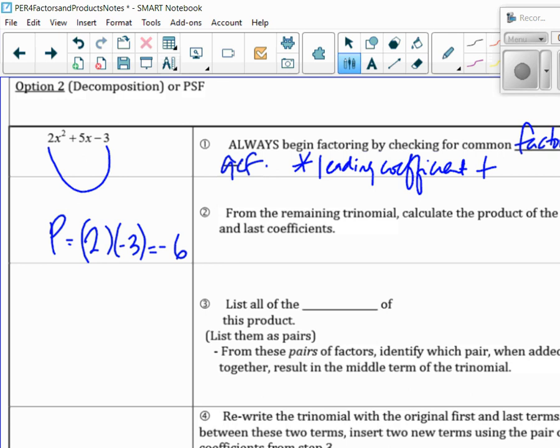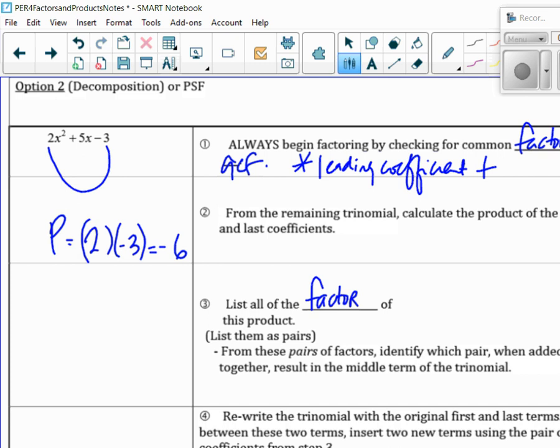So now we're going to list all of the factors of this product. And we're going to list it as pairs. Okay? From these pairs of factors, we need to identify which pair, when added together, results in the middle term. That's where the S comes from in PSF. So this is the product. Now we're going to do the factors.